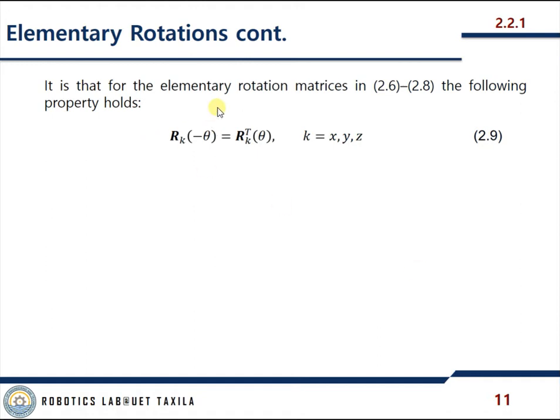It is also interesting to note that for the elementary rotation matrices in 2.6 to 2.8, the following property holds: if you are having angle alpha and some rotation matrix R, and you put minus alpha, you don't need to calculate the new rotation matrix, you just need to take the transpose. It is equally applicable for all kinds of rotation matrices like x, y, z.